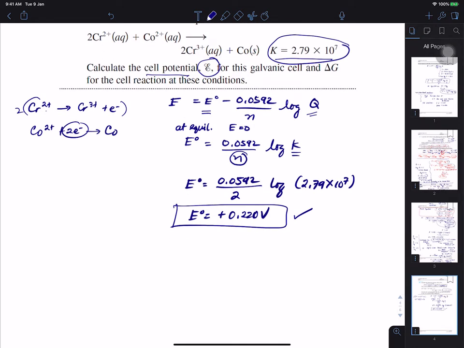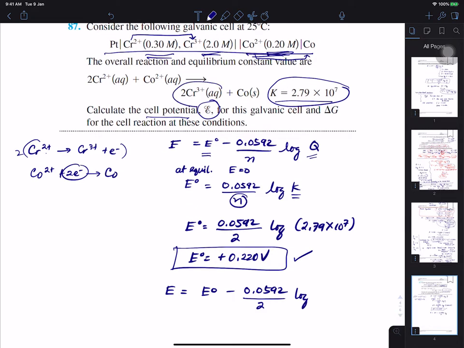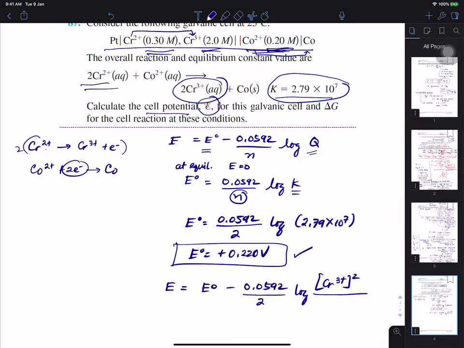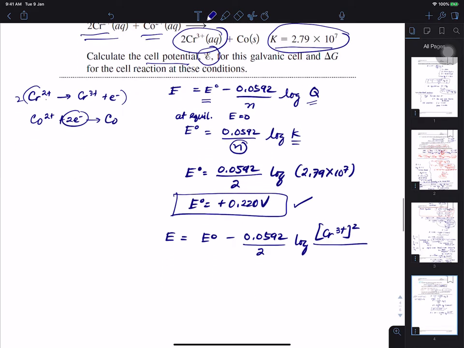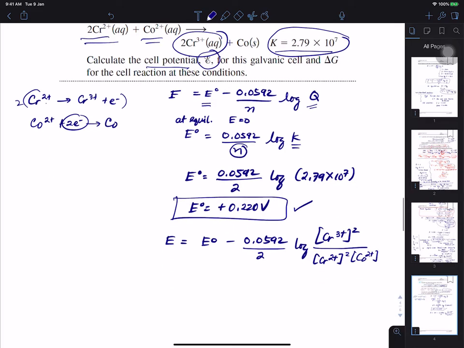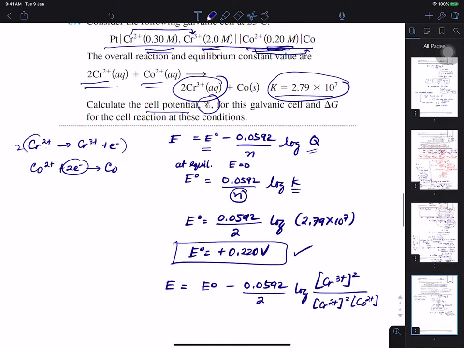Okay, so the non-standard cell potential, E, is equal to E naught minus 0.0592 over 2 in our case, log of, look at the reaction, product side, that's chromium 3 plus concentration squared, over our reactant side, we have the concentration of Cr2 plus squared times the concentration of our cobalt 2 plus. So we just have to substitute that here.